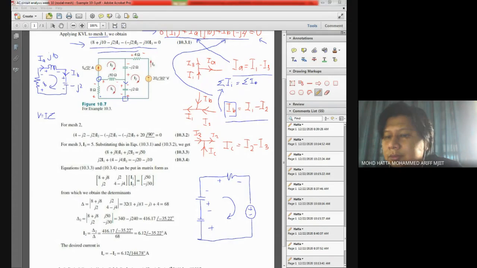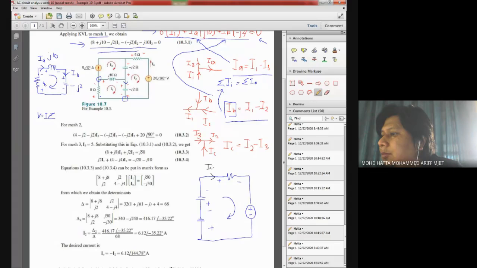And I try to assess what is the current coming into this node. If you look here, it's definitely I2, and the current flowing through this element is not I2. Maybe I put it as ID.